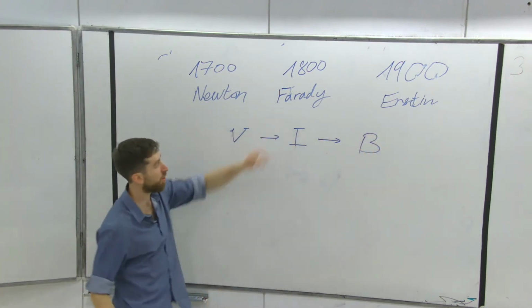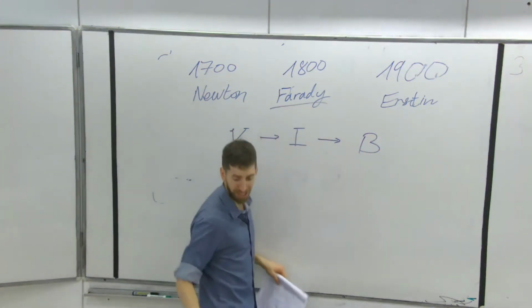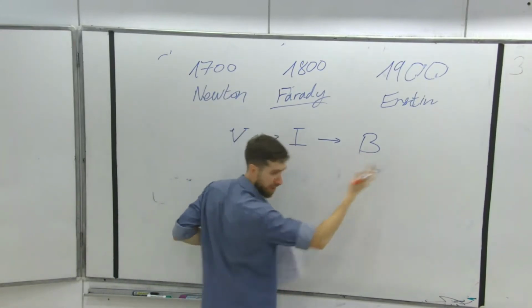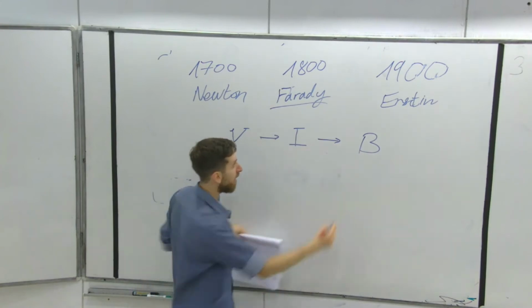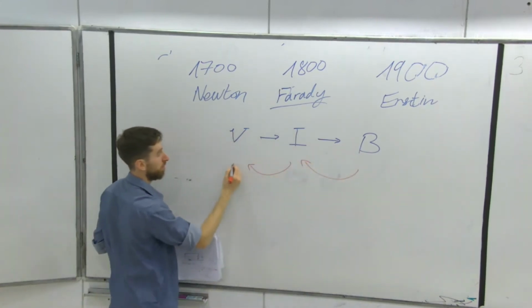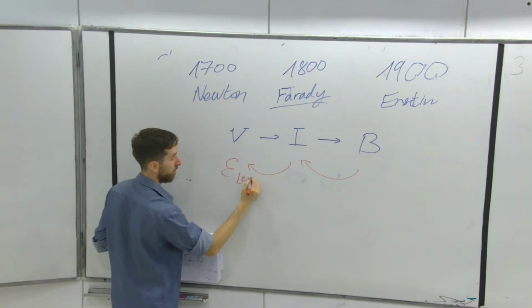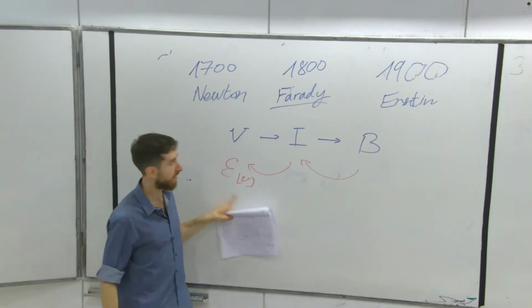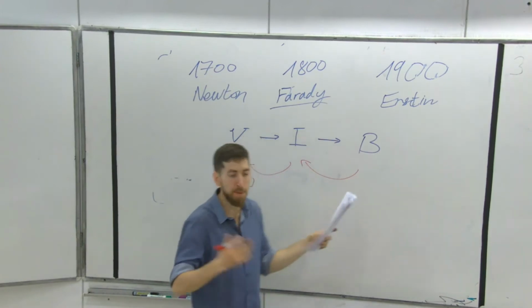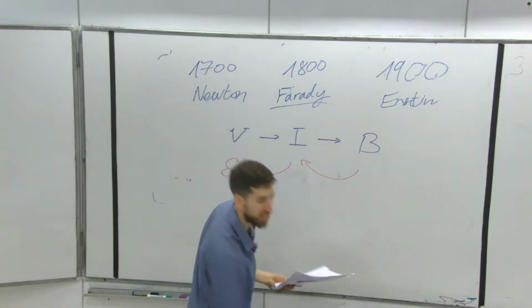And then Faraday asked a really interesting question. He asked, if I have a magnet, can I produce a current which is going to produce a voltage, the EMF? Can I make electricity? That's what he asked. And many people tried to do it, and they didn't succeed.